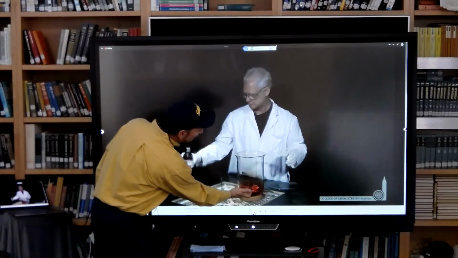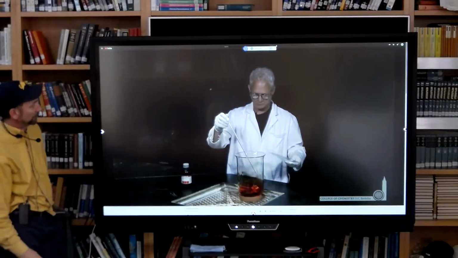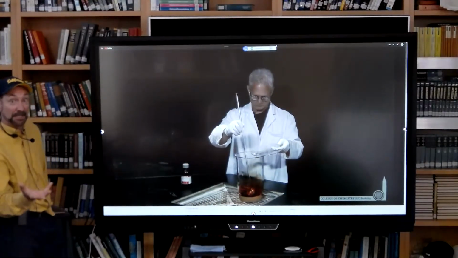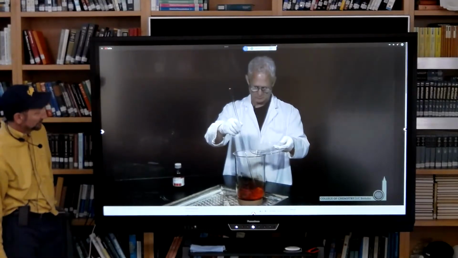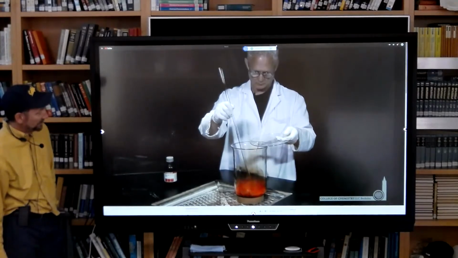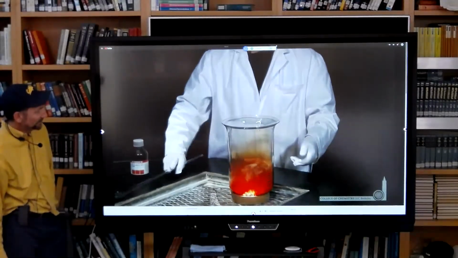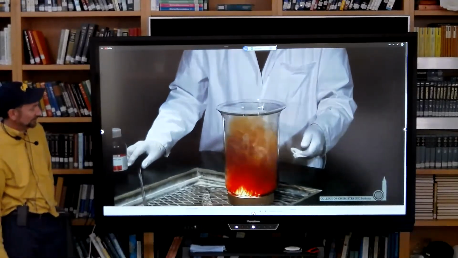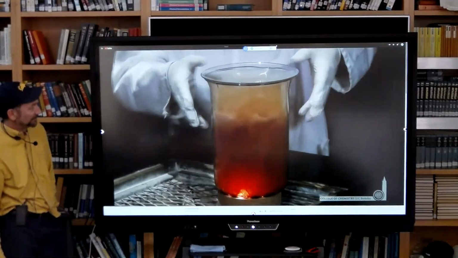So here's bromine liquid and aluminum metal. Bromine is a liquid, an element liquid at room temperature. So he's forming aluminum bromide.